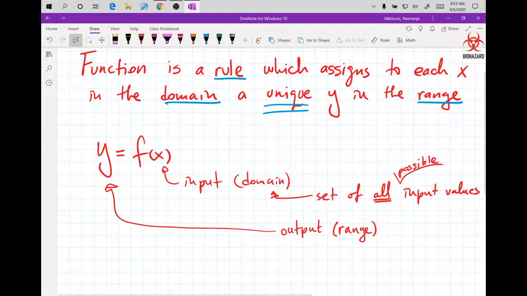Now, a function is a rule that changes the number from the input to a number which is the output.